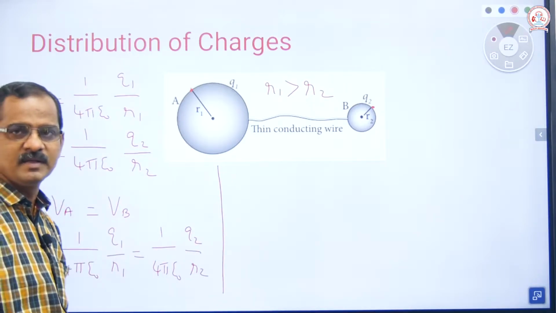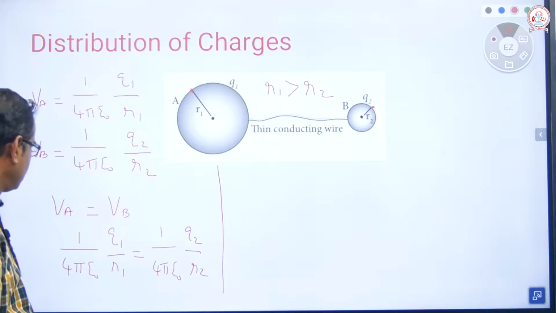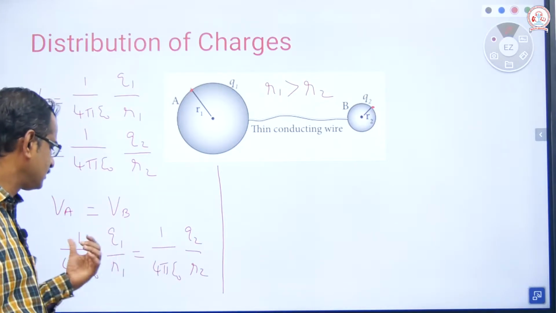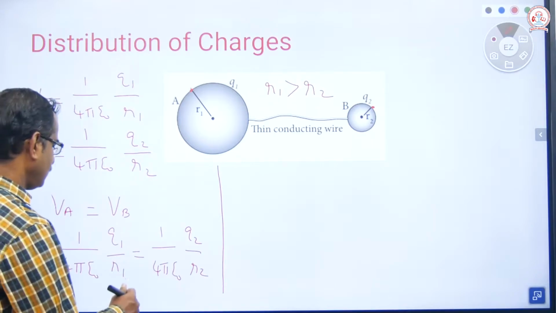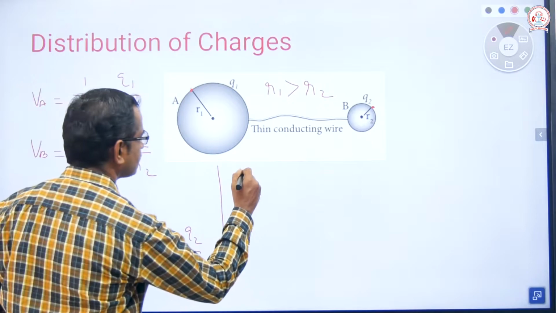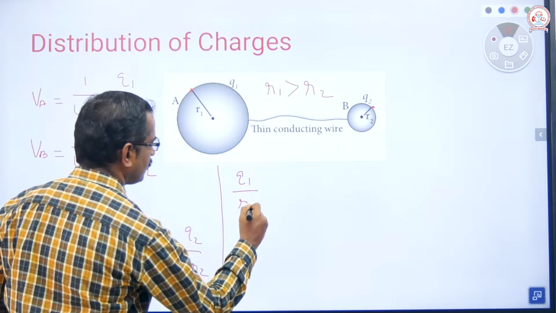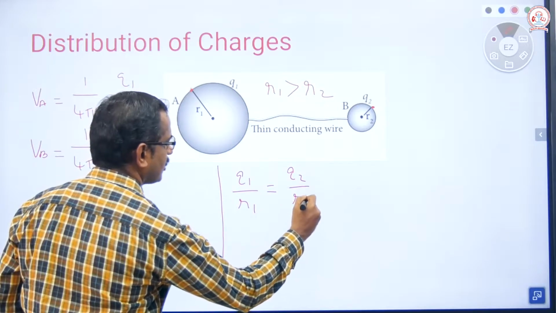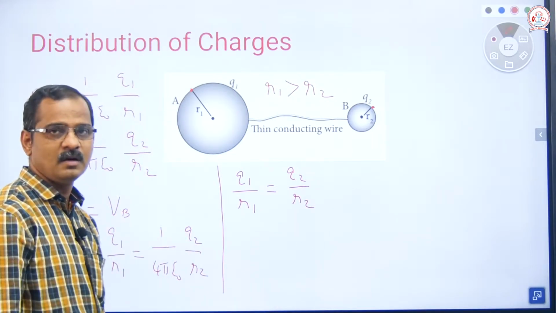These two potentials will be the same. So 1 by 4 pi epsilon naught gets cancelled on either side. Then we get Q1 by R1 is equal to Q2 by R2.